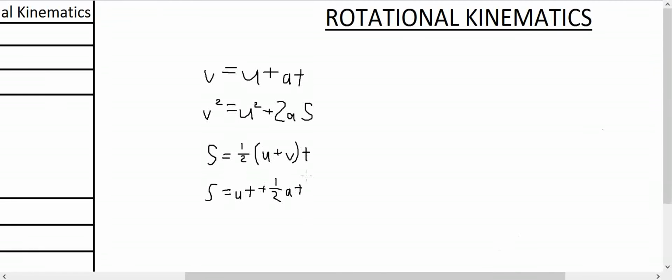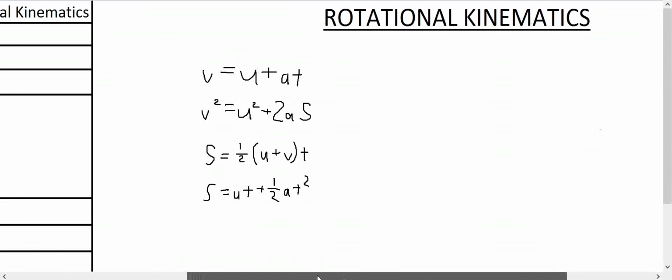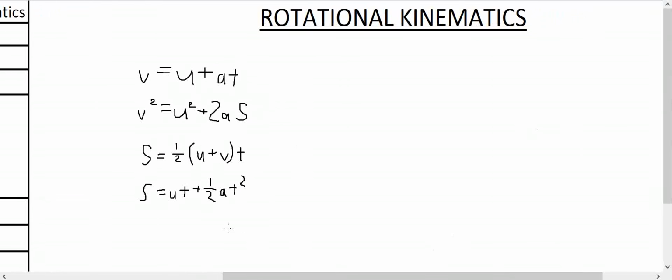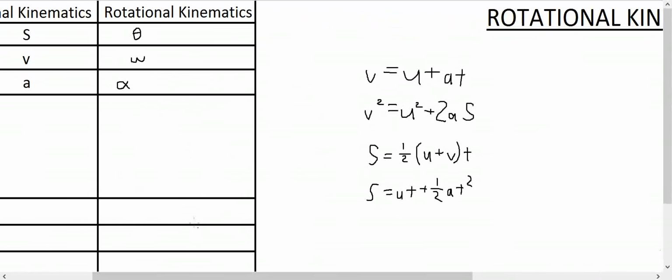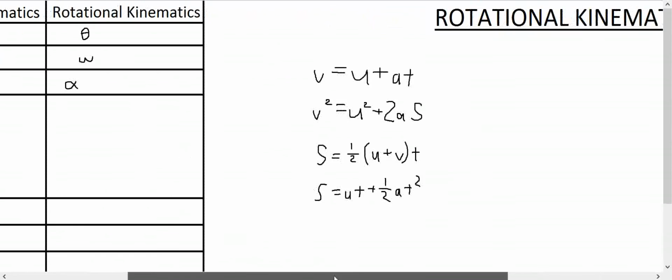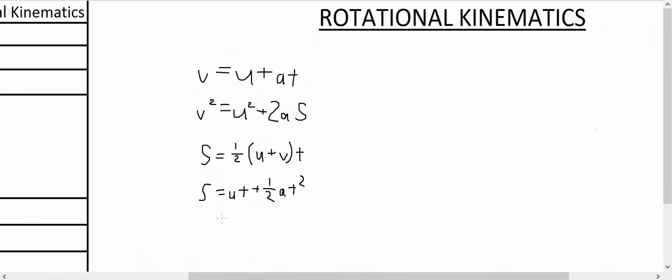These in fact can be applied to the angular quantities in rotational kinematics as well. So you convert S to theta, V to omega, and A to alpha.